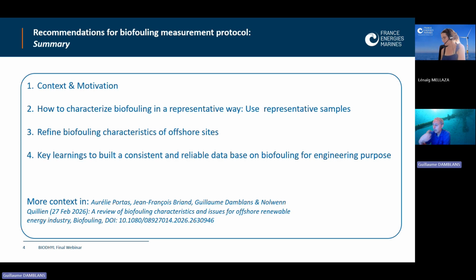Then we will see the first experiment we performed to assess representative conditions, then analyze first results and conclude on the recommendations to provide a better representative characterization.